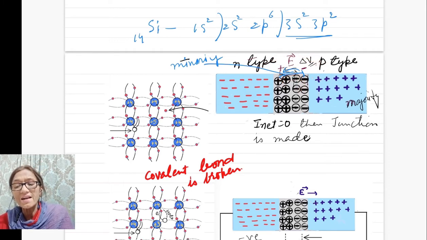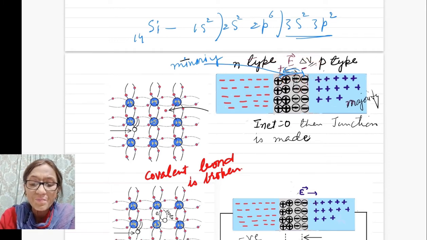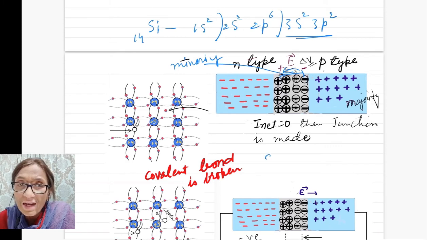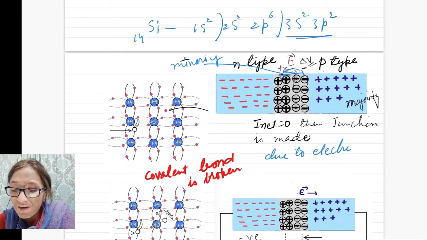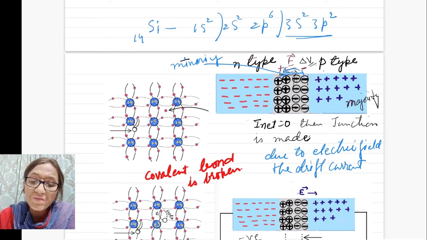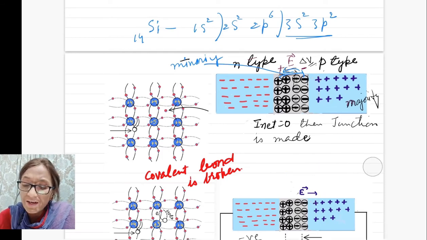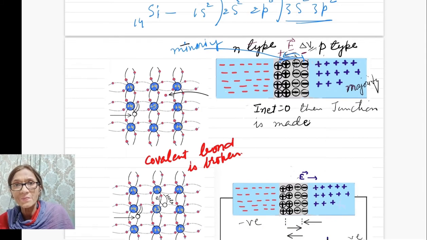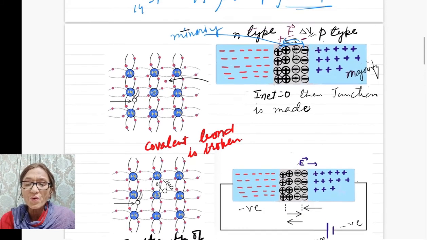So two currents are taking place, and this drift is due to the electric field. Okay, so you have here two currents.